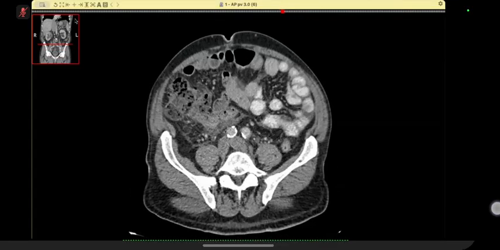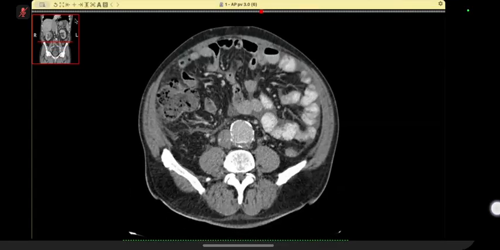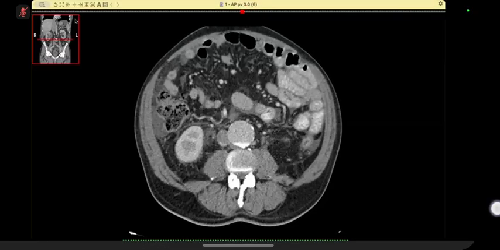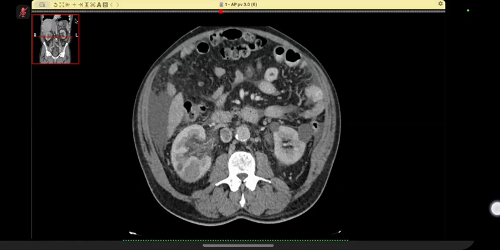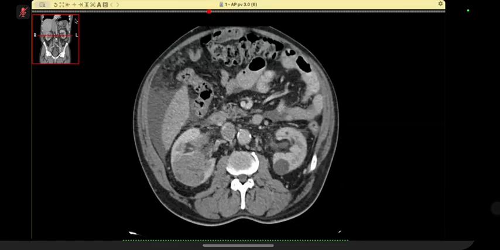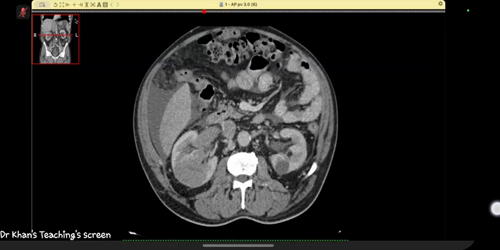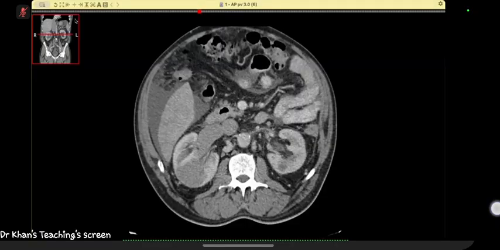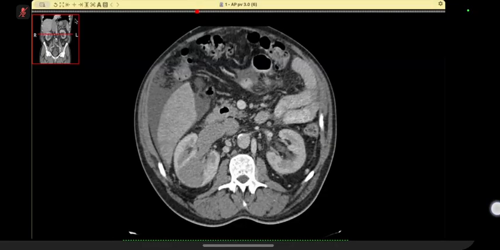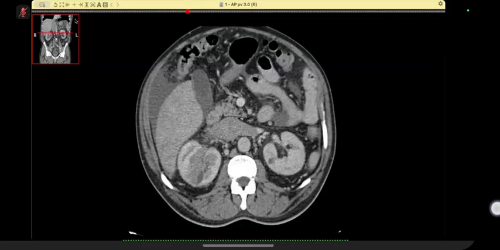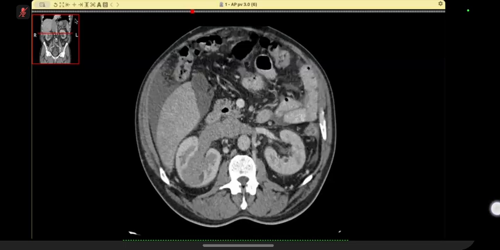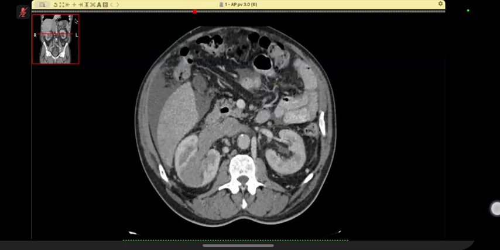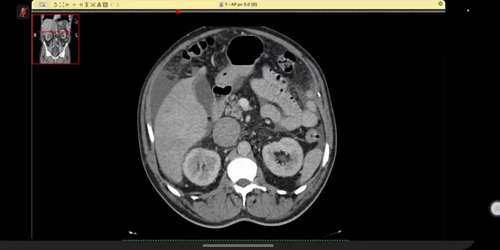So coming back to my area of interest, I would like to focus on the right kidney. I could appreciate there is an ill-defined infiltrative hypoenhancing mass lesion at the mid-pole of left kidney. It appears to infiltrate the renal pelvis and extending into the left renal vein and subsequently into the infra part of IVC.